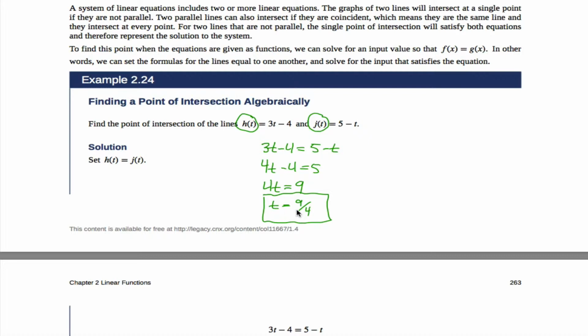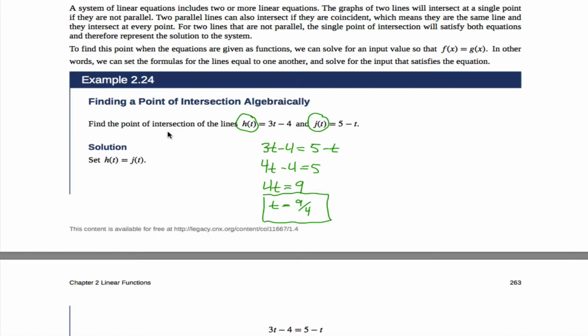Remember, where this came about was by setting these two equal together. I said the heights are the same somewhere. They're the same when this equals this. And algebraically, I was able to figure out that if the heights are the same, the x-coordinate, or t in this case, must be 9/4. So at this point of intersection, when they have the exact same height, the x-coordinate is 9/4.